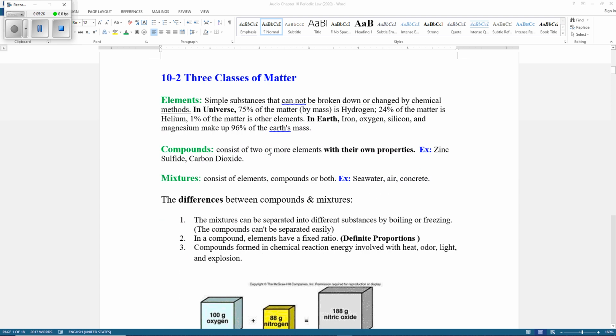Now we need to remember we have three classes in chemistry. When we study physics, we say we have three states: solid, liquid, and gas. When we study chemistry, we say we have three classes. The first one we call elements.